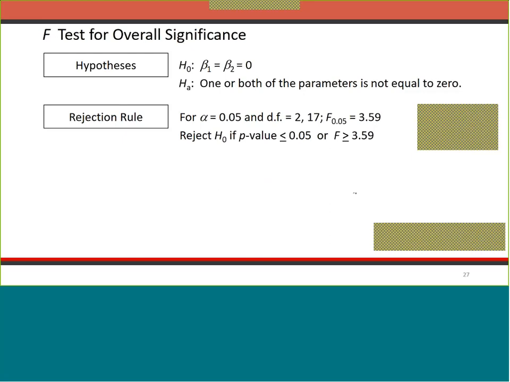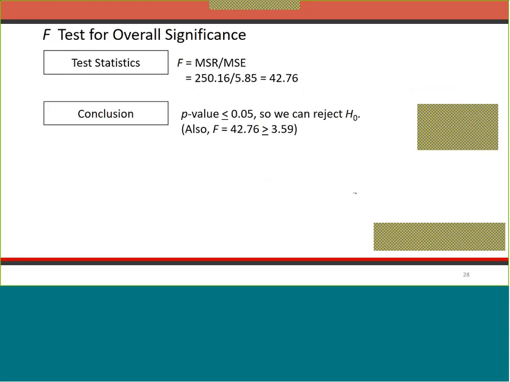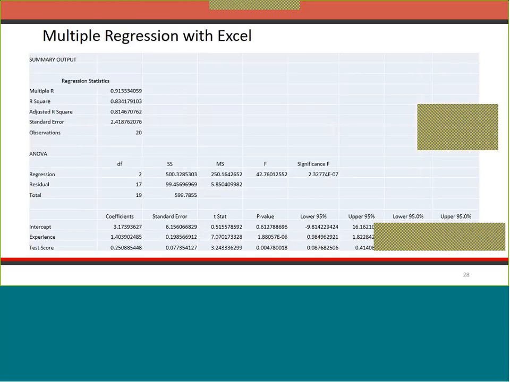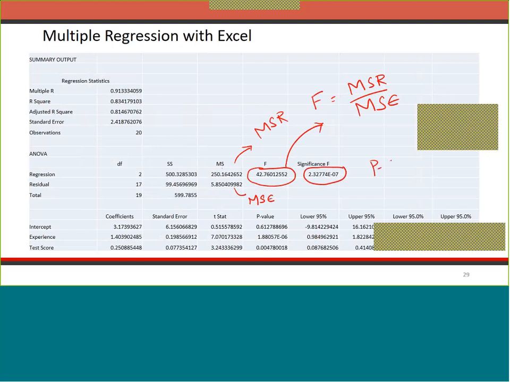That's it. So for a given question in the exam, you see MSR by MSE. So F equals MSR by MSE. This is the MSR, and this is the MSE. And this is the p value.